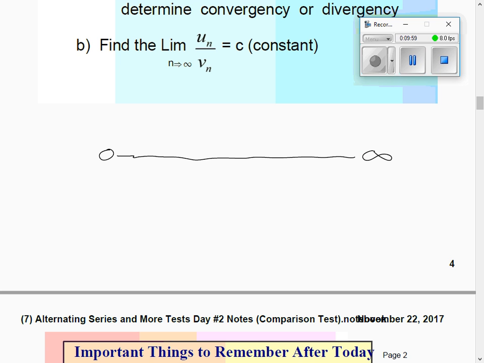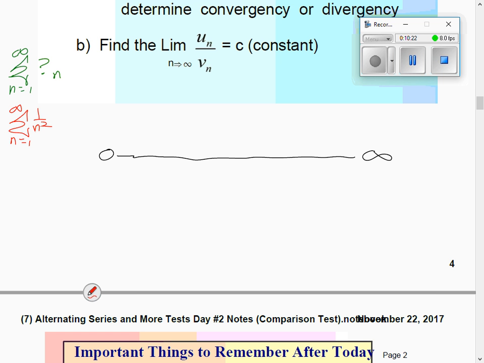Let's say I'm comparing some unknown function, we'll call it the sum from n equals 1 to infinity of a sub n, and I'm comparing that to something that I know converges, like 1 over n squared.